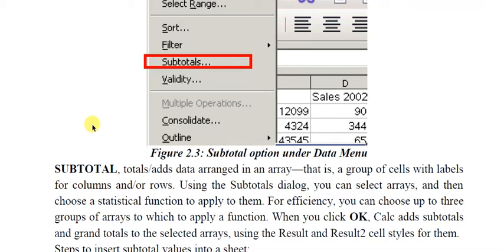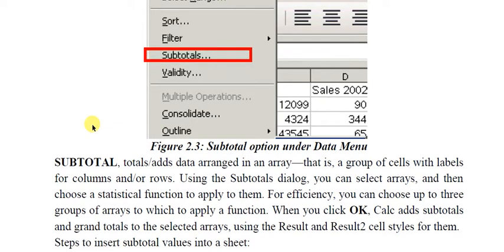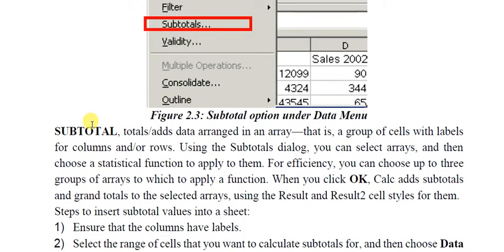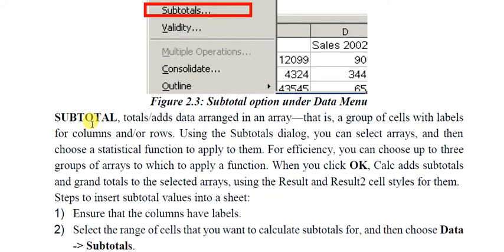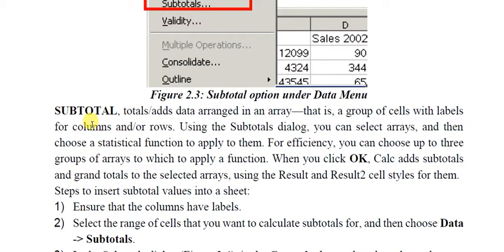For efficiency, you can choose up to 3 groups of arrays to which you want to apply a function. Okay. So, when you click OK, Calc adds subtotals and grand totals to the selected arrays using the Result and Result2 cell styles for them.